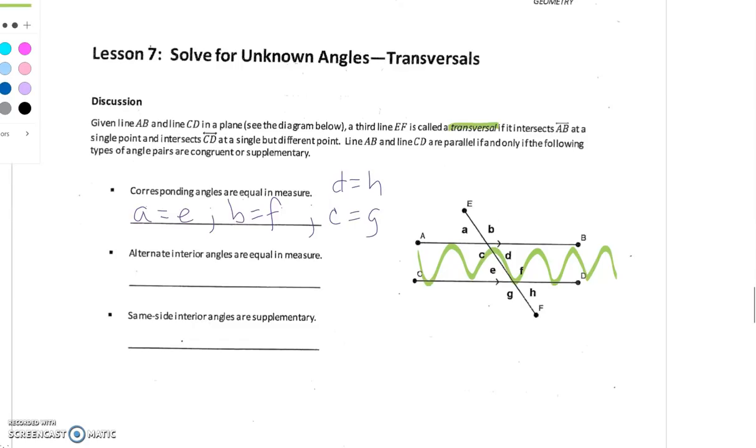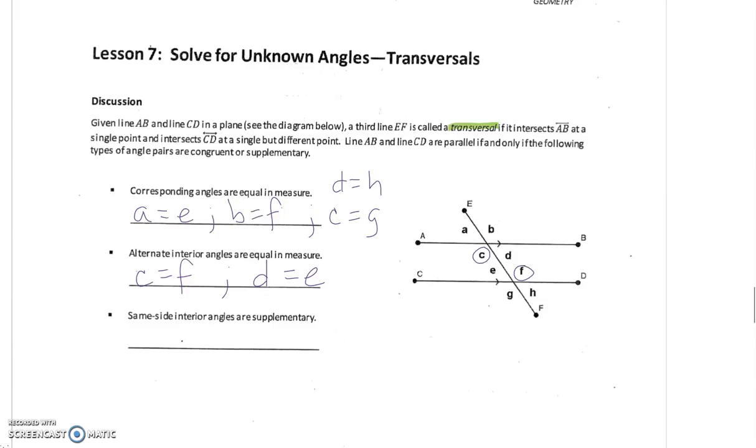So those angles would be like C and F. And these are also equal, so C is equal to F. The other set would be D is equal to E. Those are your 2 sets of alternate interior angles.